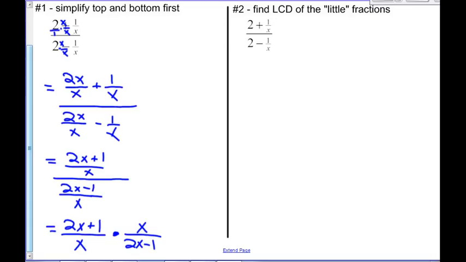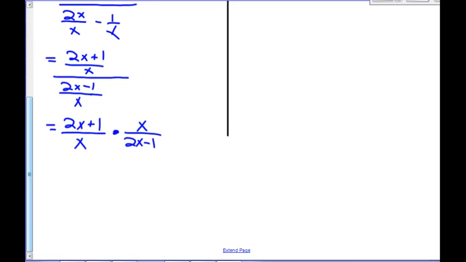And we've got the idea. So now we flip and multiply. That means we've got 2x plus 1 times x over x times 2x minus 1. These divide out, leaves us with 2x plus 1 all over 2x minus 1.